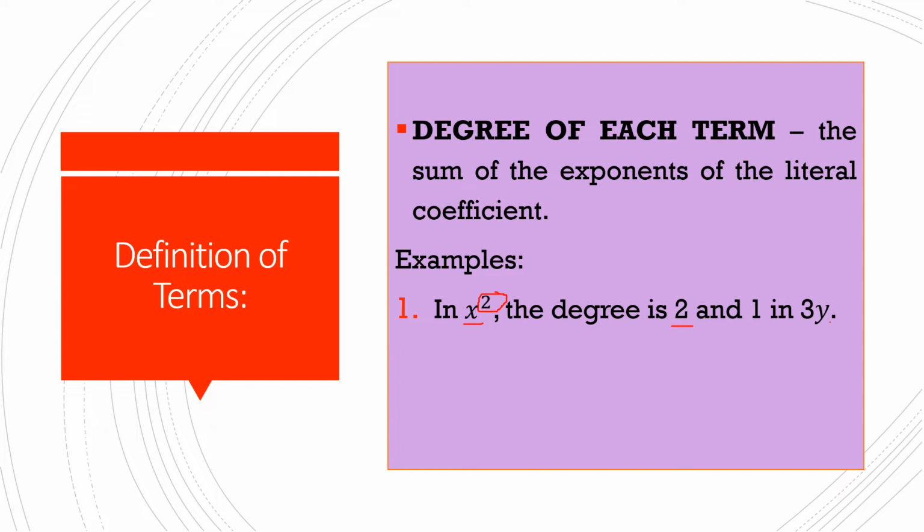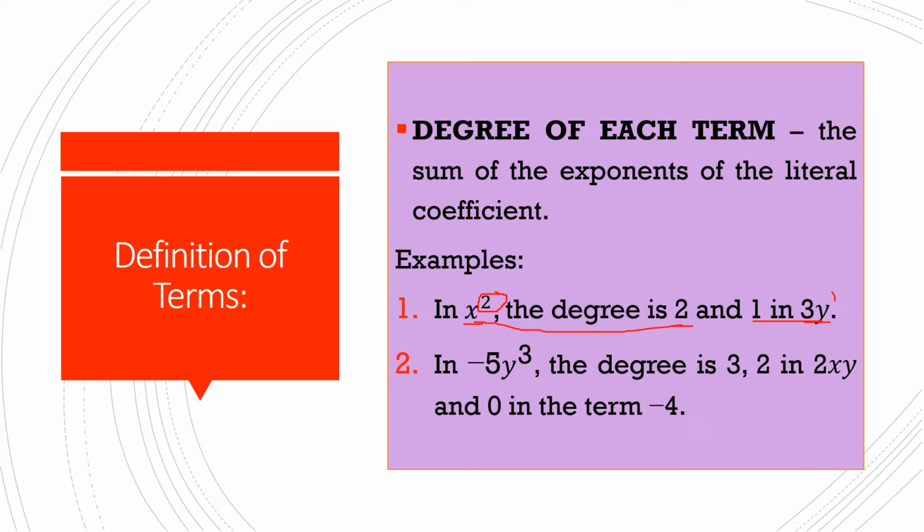And for 3y, the degree is 1. Why? Because y has an exponent of 1, which we do not write anymore. We just write it as 3y, but it has an exponent which is 1. So the degree of this term is 1, while the degree of this term is 2.